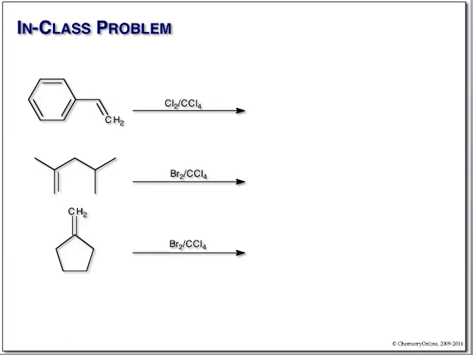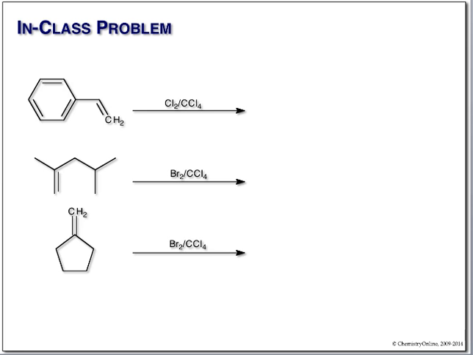All right, here we have styrene. We've all heard of polystyrene. That's styrene. And we're simply going to add chlorine. All we do here is add to each of the sp² carbons. The benzene ring does not react. That's one of the peculiar things about benzene that drove people nuts for years.